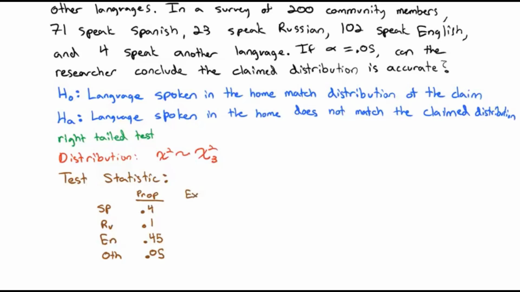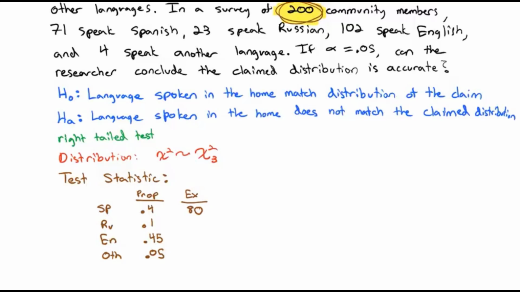The expected value. We've done a survey of 200 community members. So of those 200, we should expect 40% to speak Spanish. So we can calculate 40% or 0.4 times 200, and that gives us, we would expect 80 people in our survey to speak Spanish.